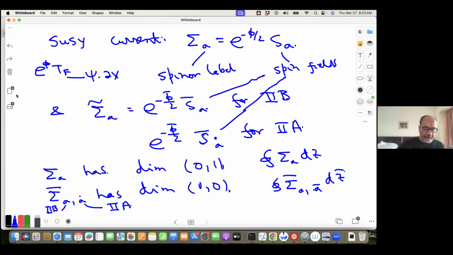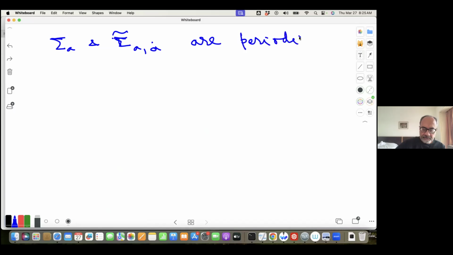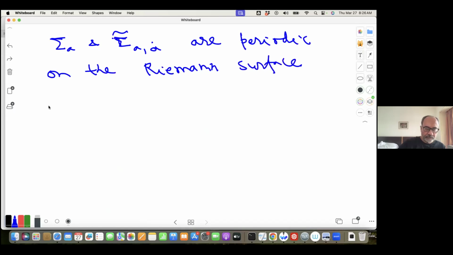So the only subtle point here is the periodicity. It turns out that sigma_A and sigma tilde_A or A-dot are periodic on the Riemann surface after summing over spin structure.